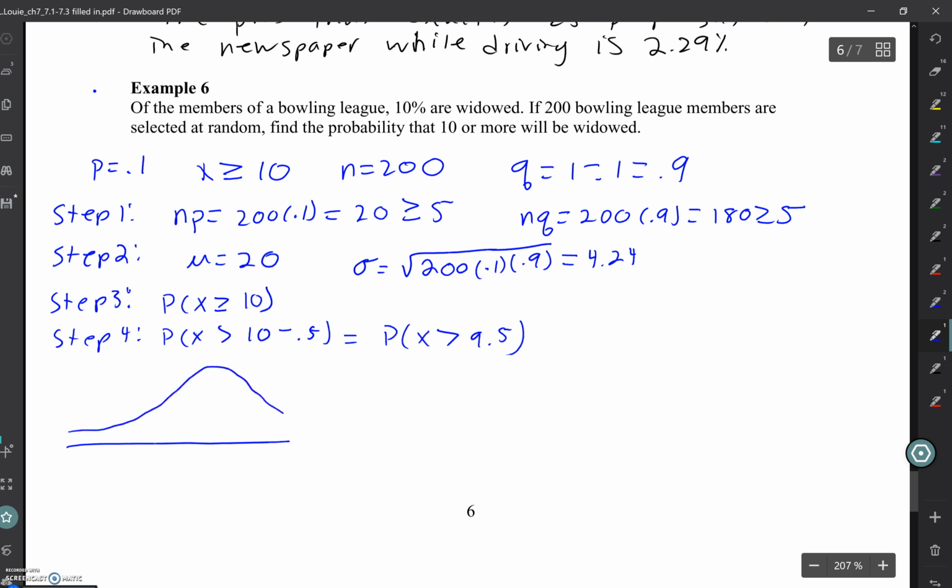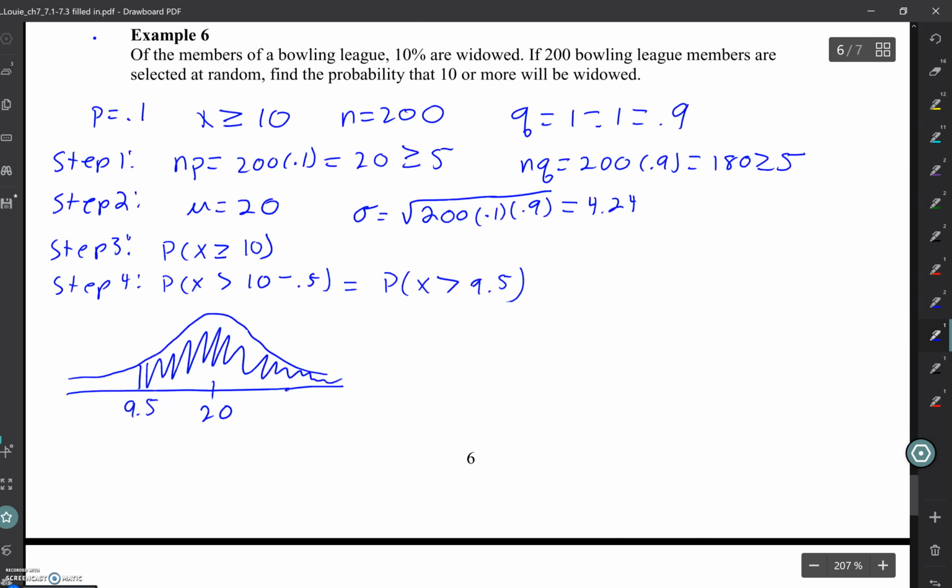Now I'm going to just go into the normal. I have a mean of 20. I want to be greater than 9.5, so 9.5 or more. And how would I find that probability? Normal CDF. Start at 9.5. Go to my positive infinity. My mean, which is 20, and my standard deviation of 4.24.